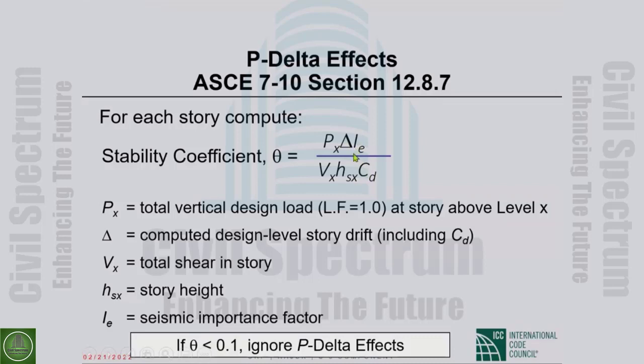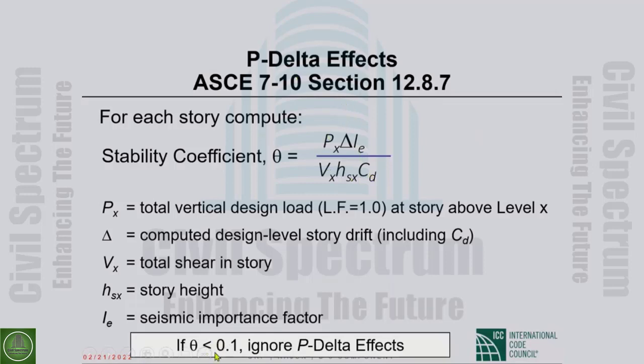And then in recent times, we have included the I factor in this expression, meaning we would like to calculate a larger stability coefficient for more important buildings, because that stability coefficient, again, we like to keep within limits that we believe will not cause instability of the structure. We want to play it safer for more important buildings. So the stability coefficient theta is given by this formula.